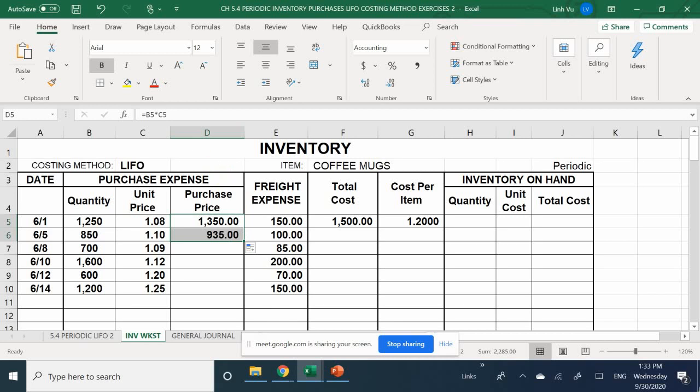Good. And what is my total cost going to be? $1,035. And lastly, what is my cost per item going to be? We divide 1,035 by 850, and that is 1.217.